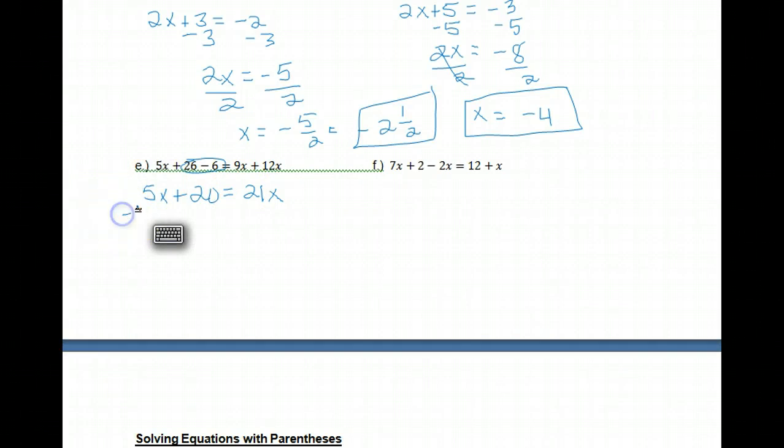So we're going to subtract 5x from both sides. And we have 20 equals 21x minus 5x, which gives us 16x.